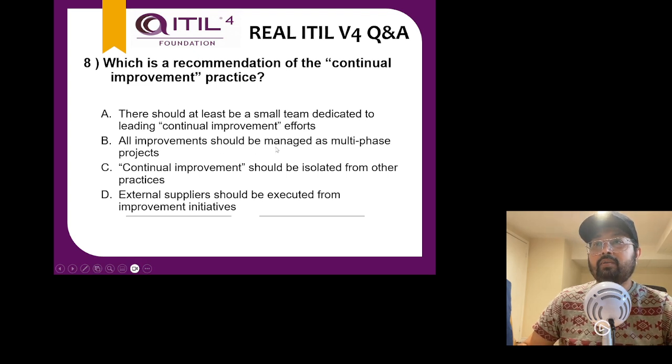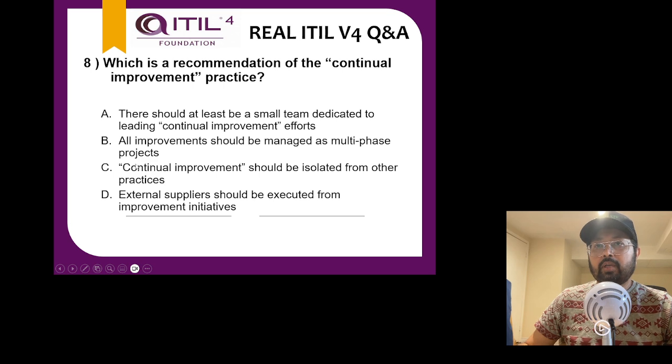B: all improvements should be managed as multi-phase projects. This type of choice, where it mentions all improvements, is one type of generalizing, and most of the time it is not the correct answer.